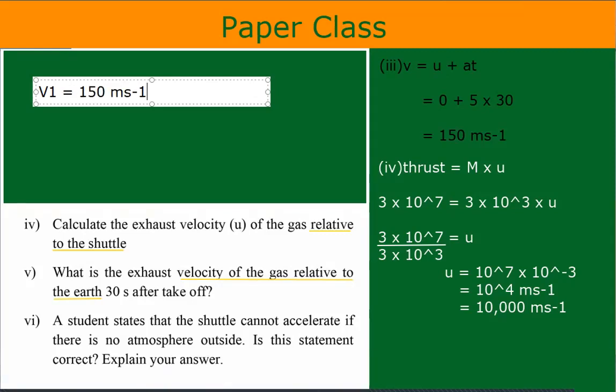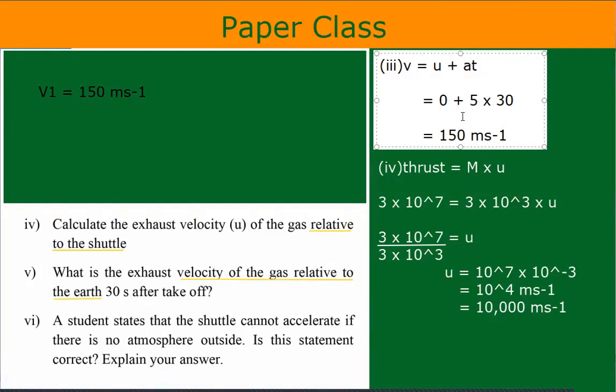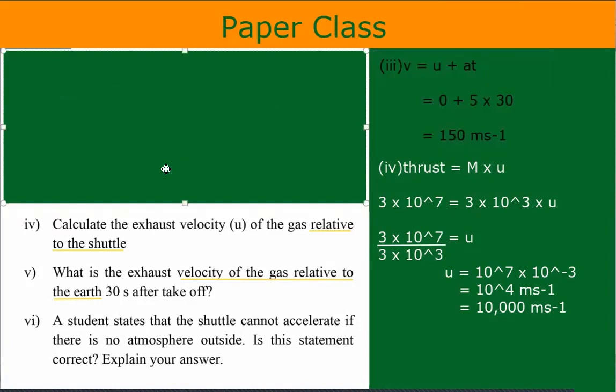Where did we find it? Here. Sometimes you may have forgotten, so this is the place where we found the velocity of the rocket after 30 seconds. That's why I didn't erase it. I know that you definitely forget it. So 150 meters per second is the velocity of the rocket after 30 seconds. So I have marked it as V1, right?